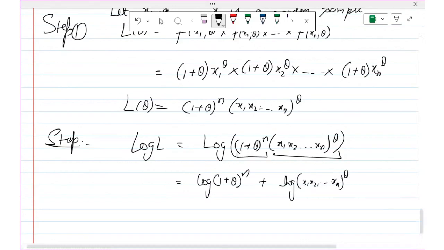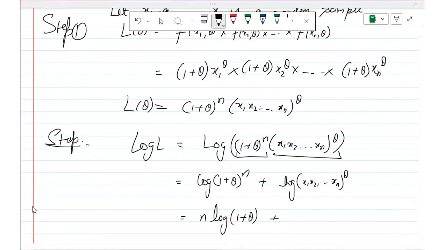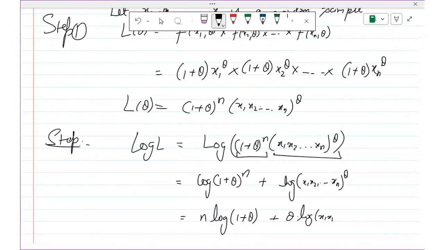Now I will apply the property of log m power n, so the power will come in front. So n log of 1 plus theta, and here also theta will come in front, so theta log of x1 into x2 up to xn.